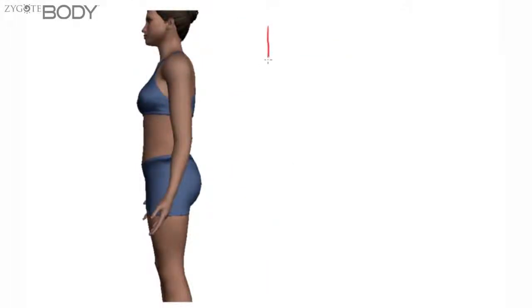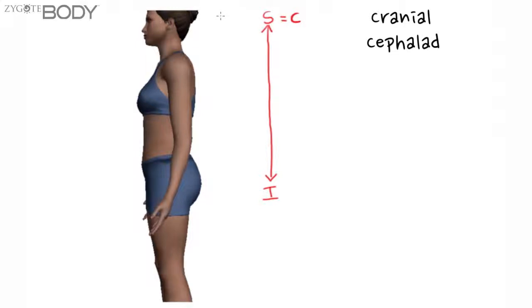Now previously I mentioned that there are some structures found inferiorly, meaning that they are on the bottom or below other structures. And there are structures found superiorly, or on the top of the body or above other structures. Now there are other equivalent terms to superior and inferior. For superior it is cranial, or cephalad, meaning that the structure is close to the head.